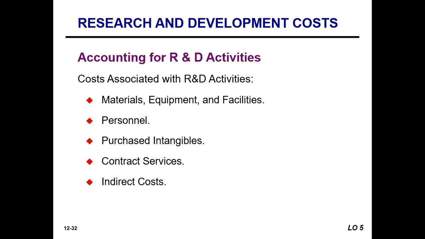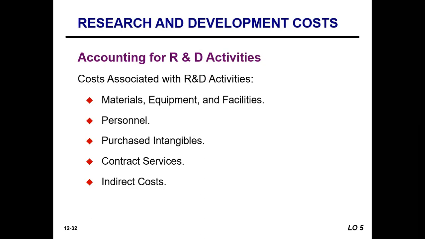Purchased intangibles, recognize and measure at fair value. After initial recognition, account for them in accordance with their nature, whether they're limited life or indefinite life. Again, limited life intangibles, we amortize. Indefinite life intangibles, we test for impairment.